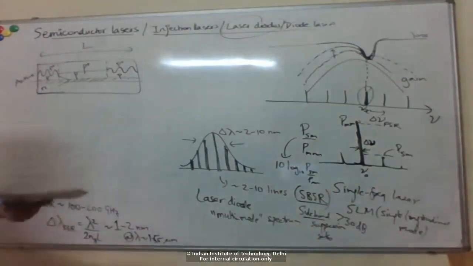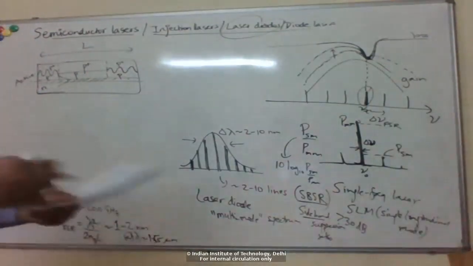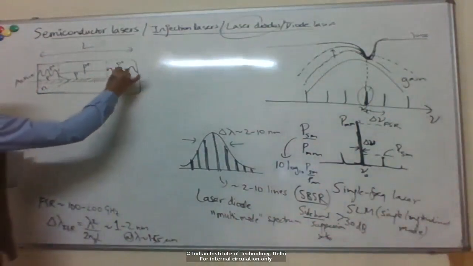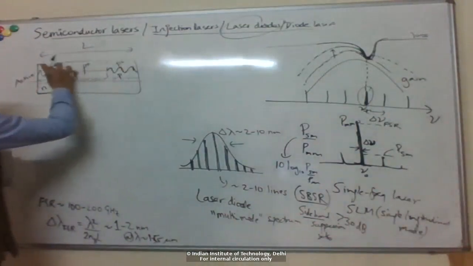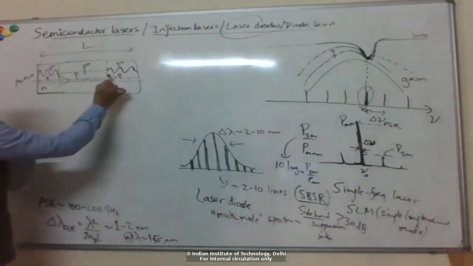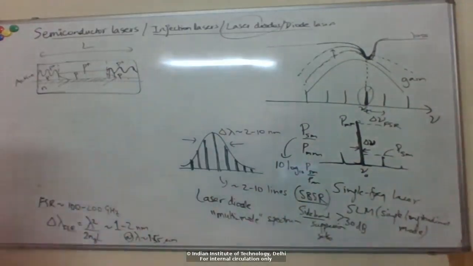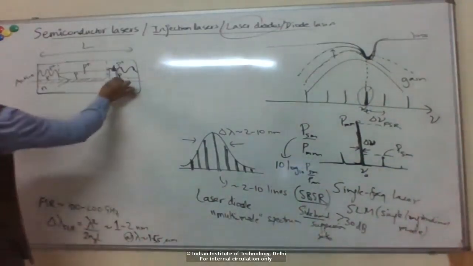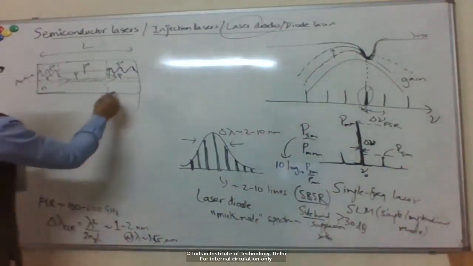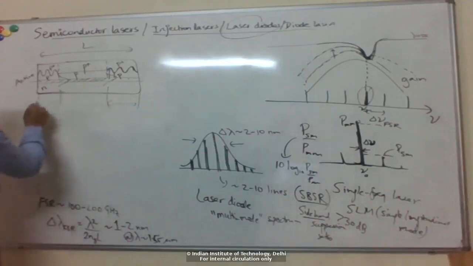Just as in fiber Bragg gratings, we write the grating using UV light, here we physically make the structure of different heights. So you can see that the effective index seen by the mode will be different here than here. So it looks like a grating for this mode. So there's a Bragg grating here, there's a Bragg grating here.